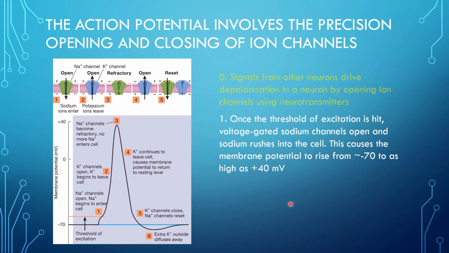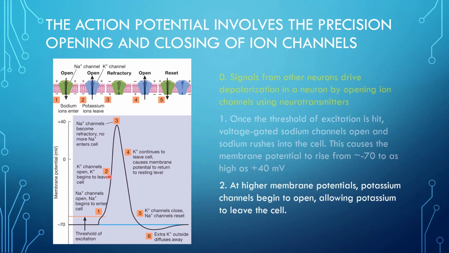And what this does is it causes this domino effect of sodium to rush into the cell. And because sodium is a positively charged ion, that means that the membrane potential becomes more and more and more positive. Okay? So then we hit step 2 here.